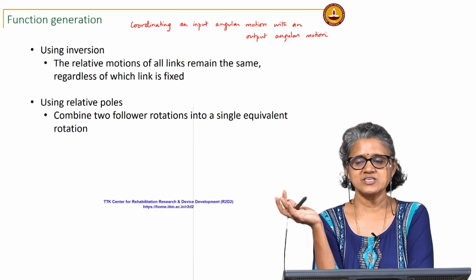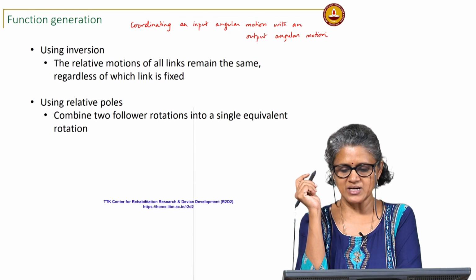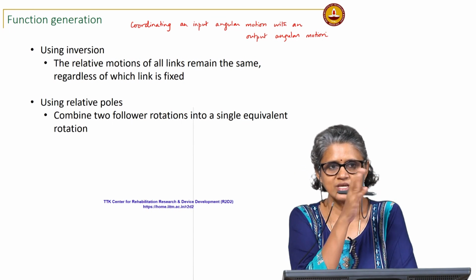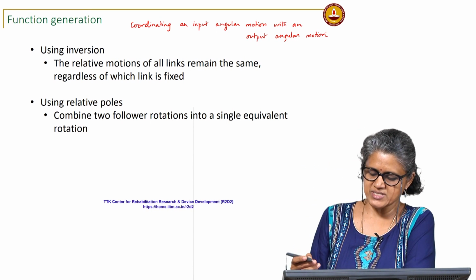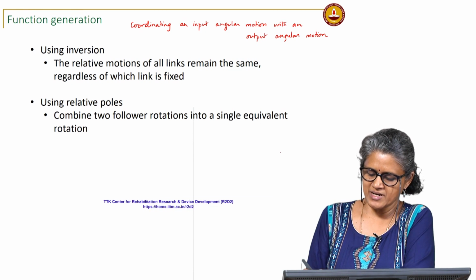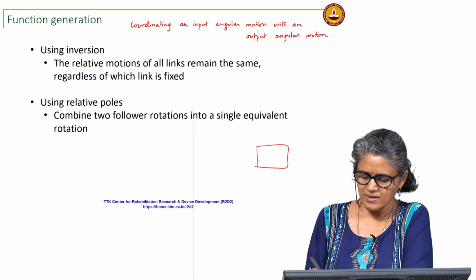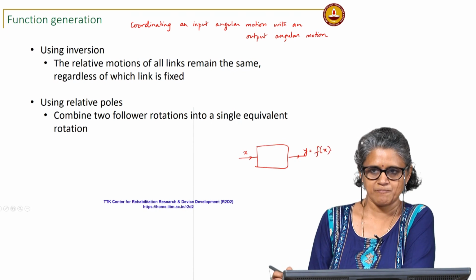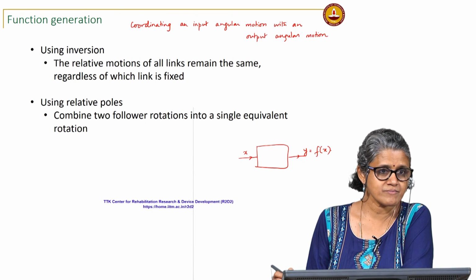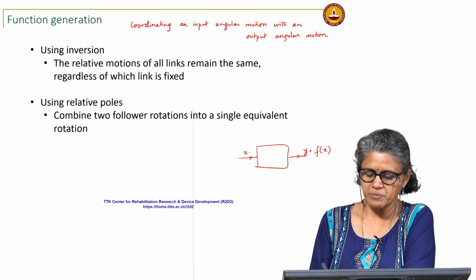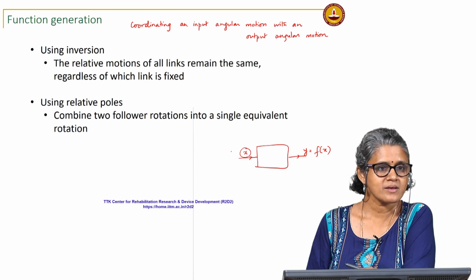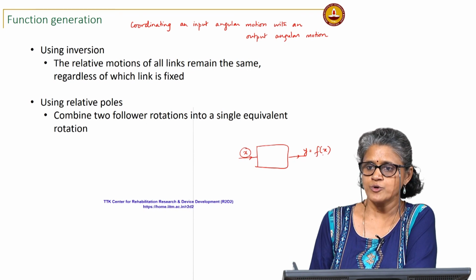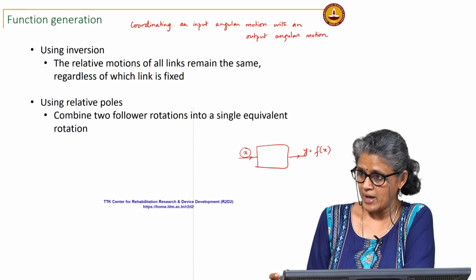So, that is function generation. The name came about because earlier they would actually design a function generator. Say you give some input x and you may get y equal to some function of x as the output. So, the input would be proportional to x and the output would be proportional to y.